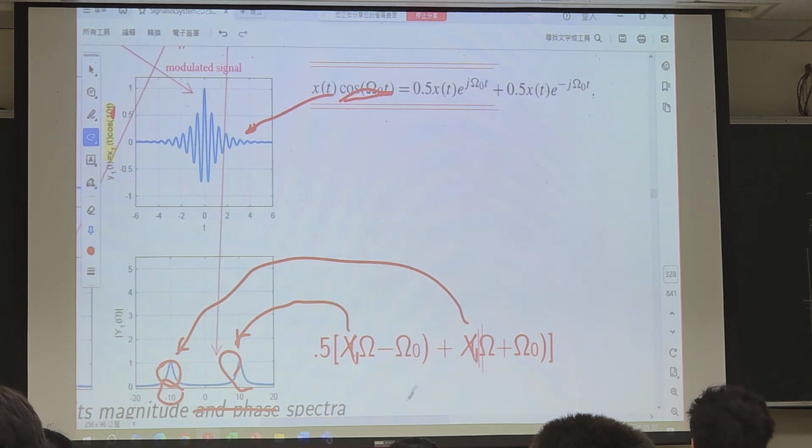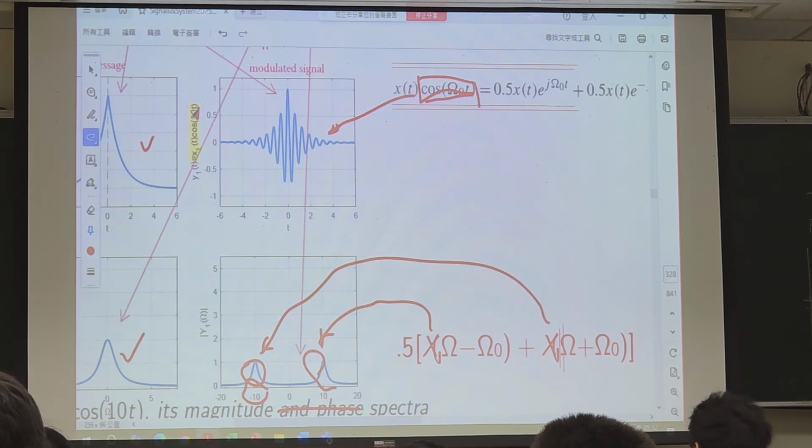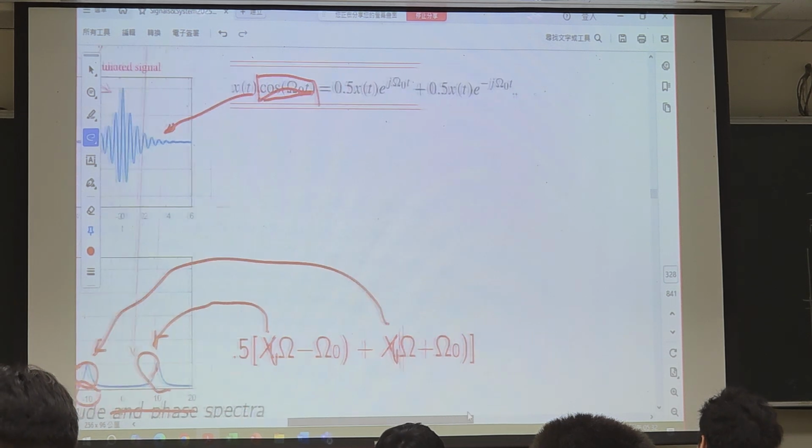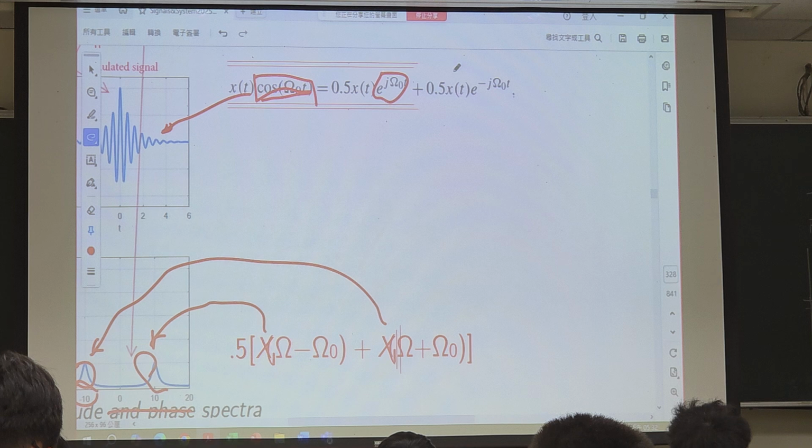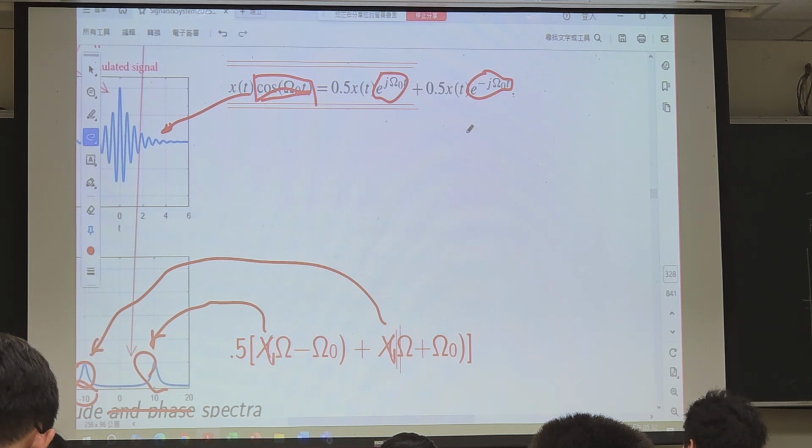And how come? Because of the cosine function we multiply to the original signal, cosine omega sub 0 t, with omega sub 0 at 10 radian per second. Actually, it can be written as 0.5 times e to the j omega sub 0 t plus 0.5 times e to the negative j omega sub 0 times t.